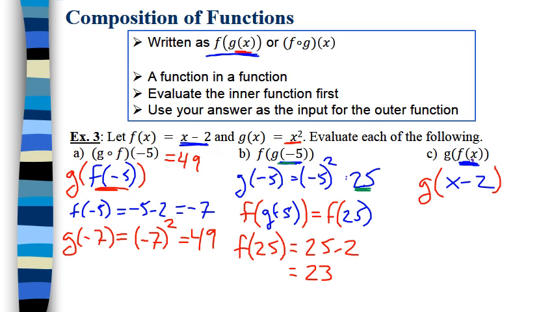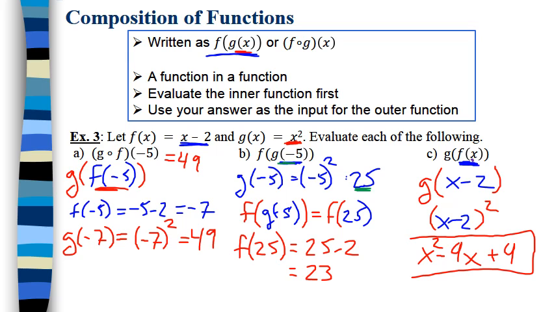So now I'm trying to put x minus 2 into my g function. Remember, my g function is x squared. So that means I take whatever I'm putting in and square it. So I'm doing x minus 2 quantity squared, which we then expand to x squared minus 4x plus 4. And so g of f of x is x squared minus 4x plus 4.